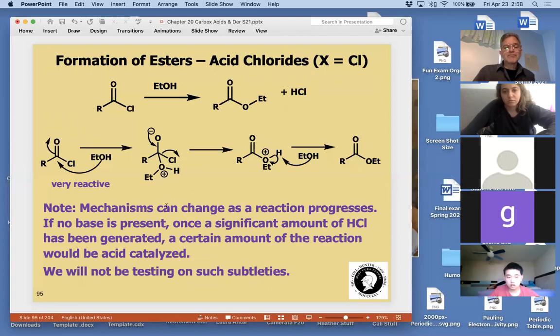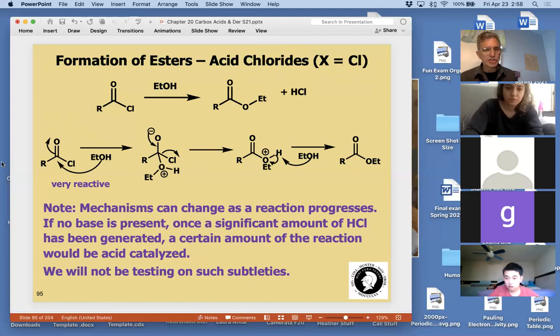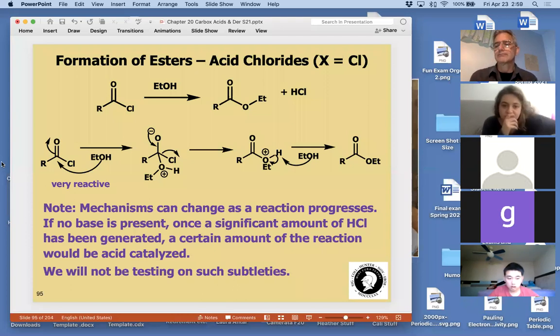Okay, so just a word here on mechanisms. We teach them as kind of a clean, purified entity, and they're not that simple. Okay, this is the mechanism that starts out. But as this reaction goes, if you have no base there, you're getting HCl. And so at some point, some of the reaction may be acid catalyzed.